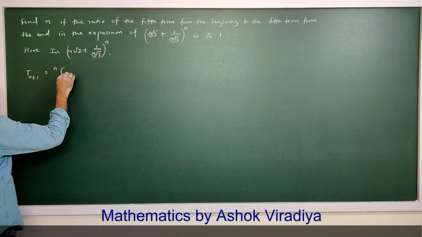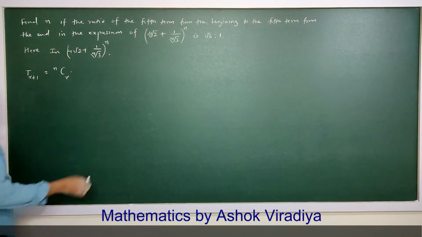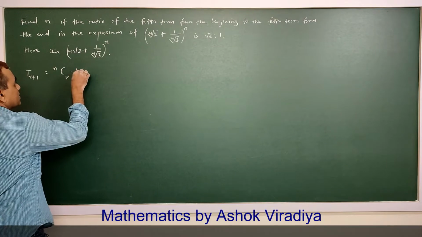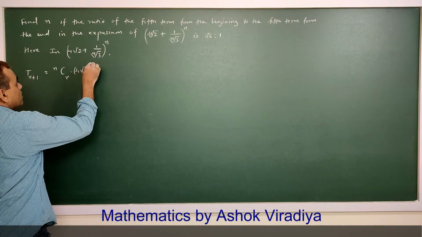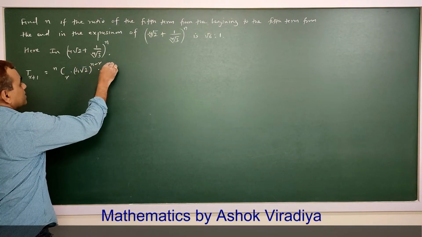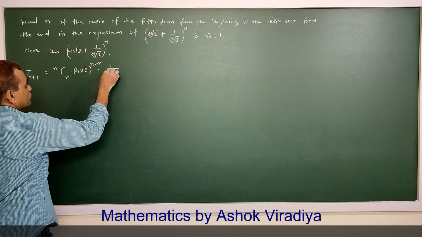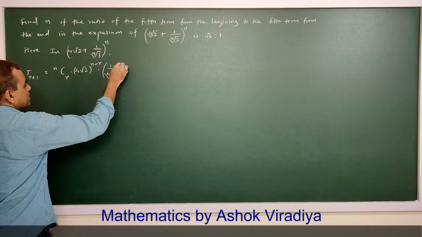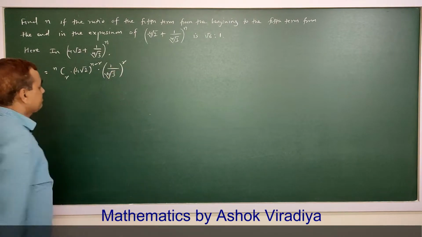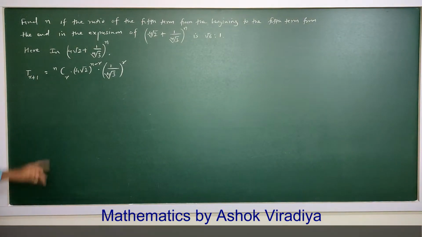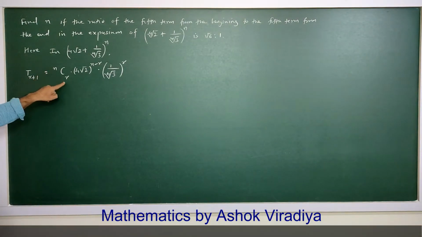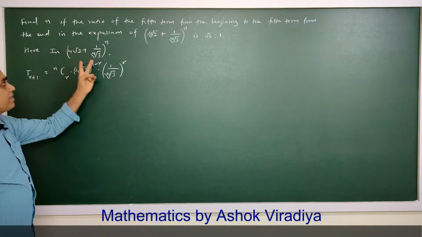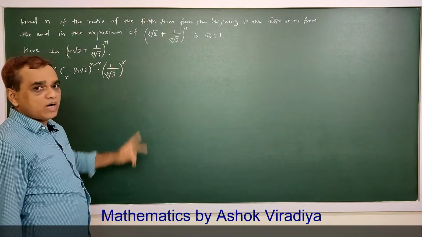NCR a raised to n minus r, b raised to r. The r plus 1th term is NCR a raised to n minus r into b raised to r.